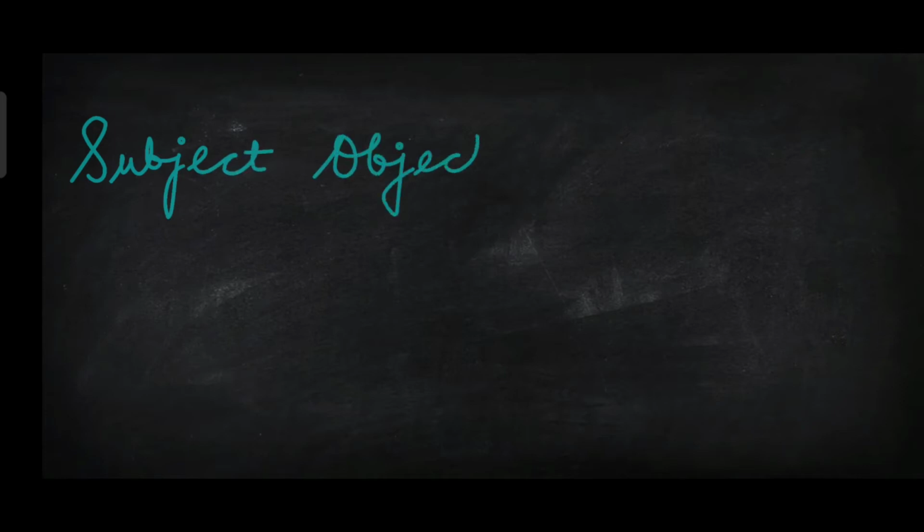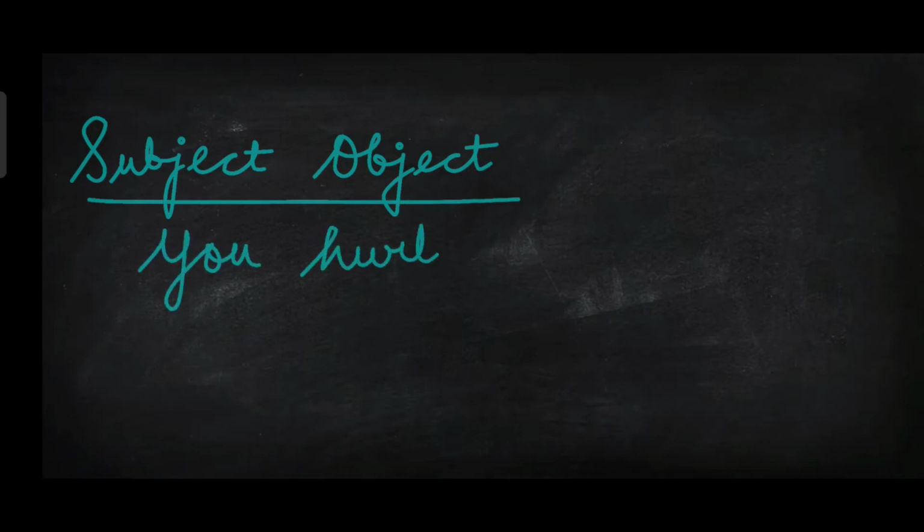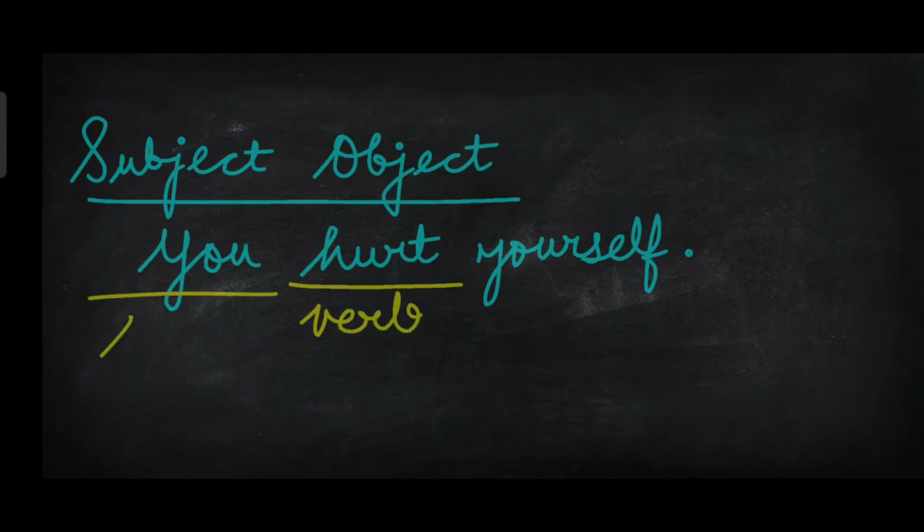After this, I will teach you how to find out the object in a sentence so that you can identify the pronoun correctly. You can see whether the subject and object are same. Read this sentence. This is a very simple sentence. You hurt yourself. Find out the verb. Here the verb is hurt.